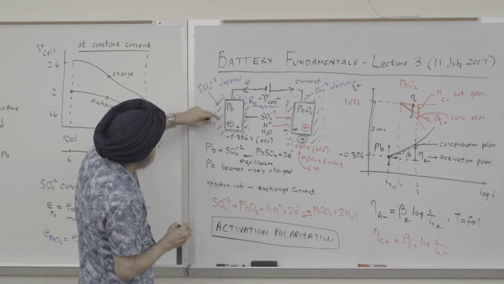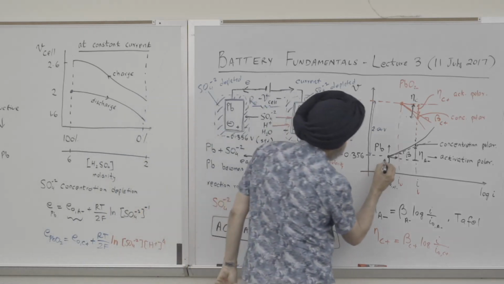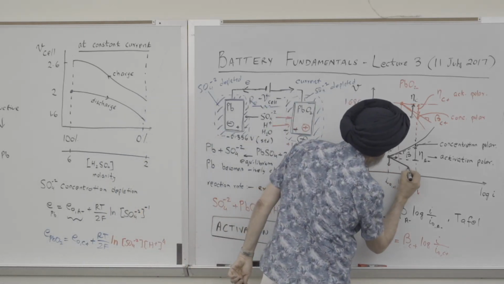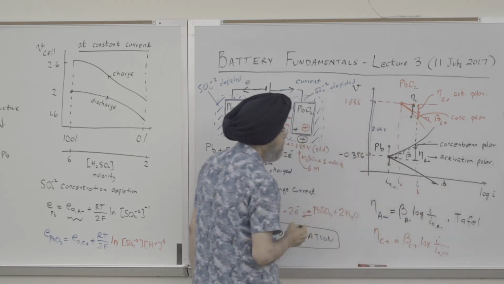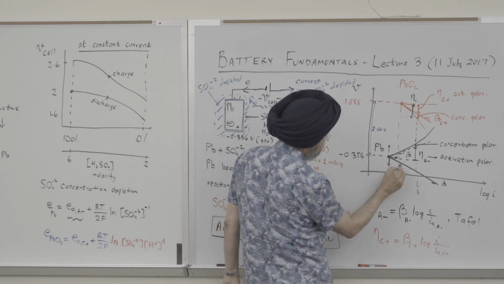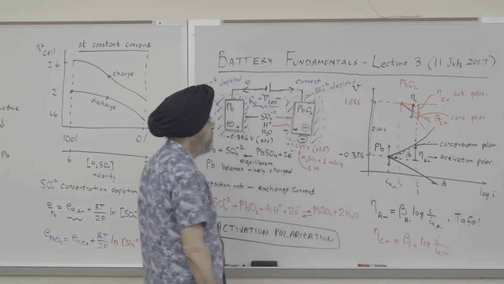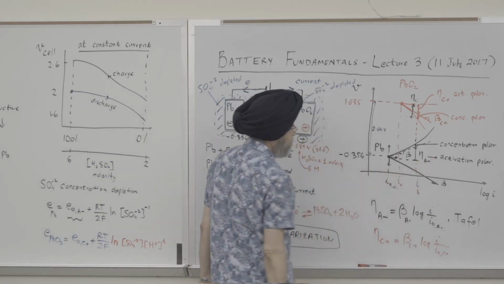So current is increasing and the electrode is becoming negative. We get this plot, and this also has a slope to it. So during charging, the potential across the lead will go like this. This is our activation polarization.